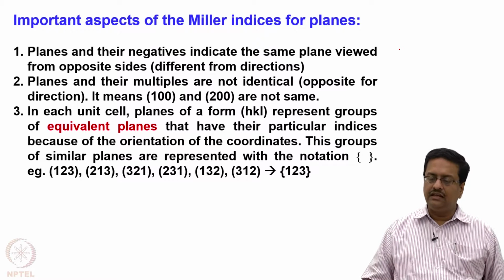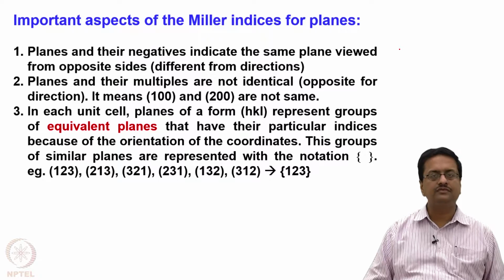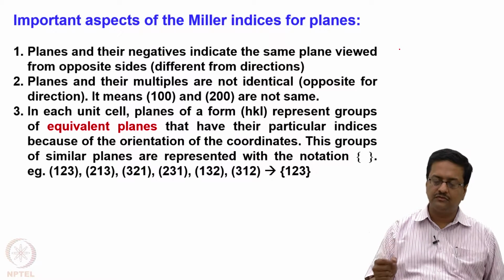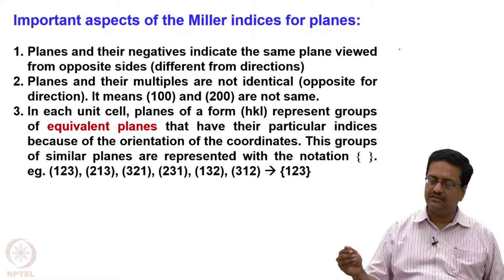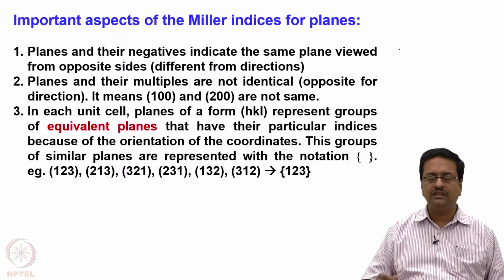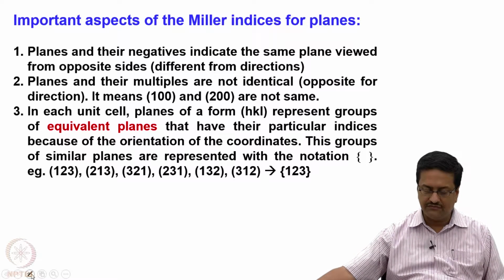In each unit cell, planes of a form HKL represent groups of equivalent planes that have their particular indices because of the orientation of the coordinates. These groups of similar planes are represented with the curly brackets. So these are called a family of planes, as we have already indicated.